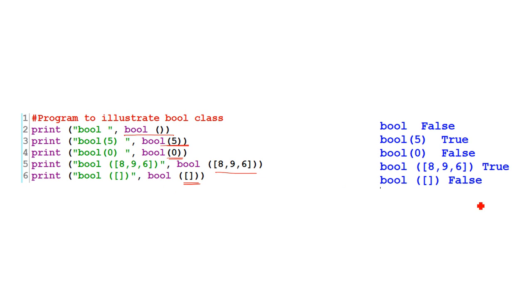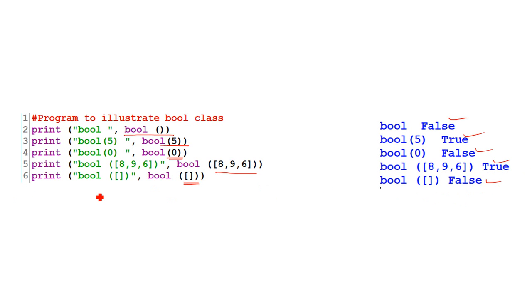So when you execute it, in the output we can see that for the default constructor, False is written, for a non-zero integer value True is written, for a zero value False is written, for a non-empty sequence True is written, and for an empty sequence False is written.